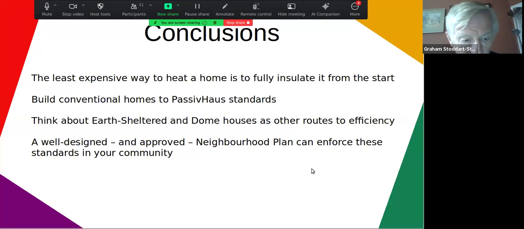Now, obviously, there are variations depending on the quality of the land and what you're doing and where you're doing it, but by and large, it isn't going to cost you a lot more money to get the home insulation correct from the start. So I'm suggesting these are the routes that we could follow to start improving our standards around the country.